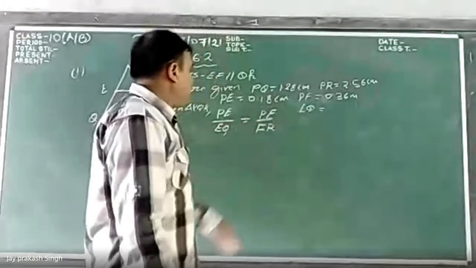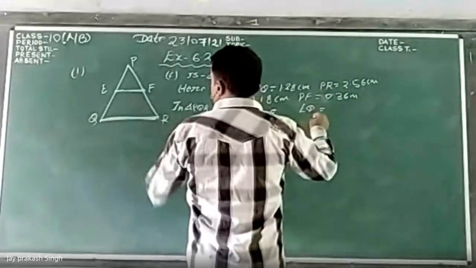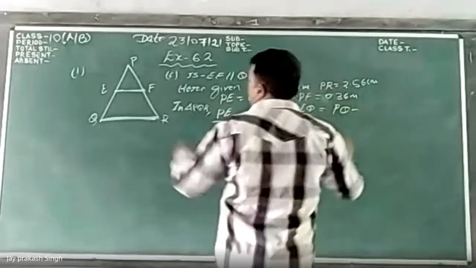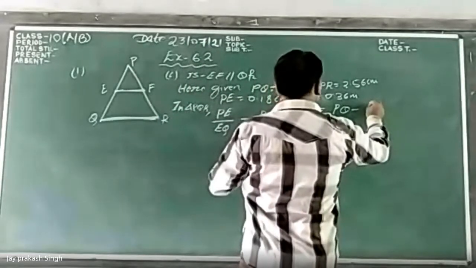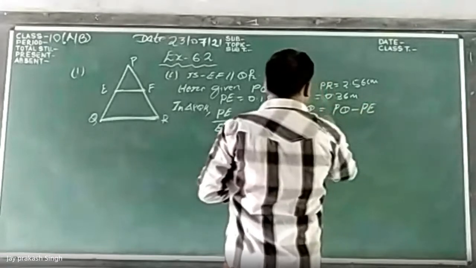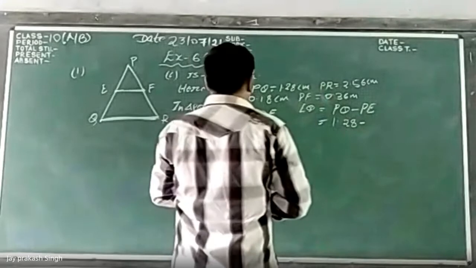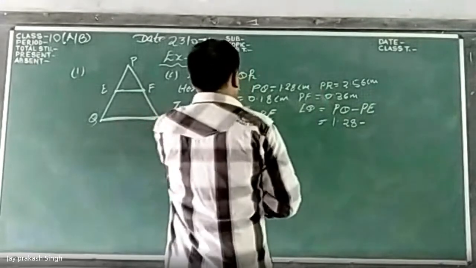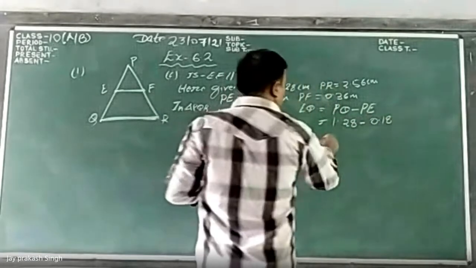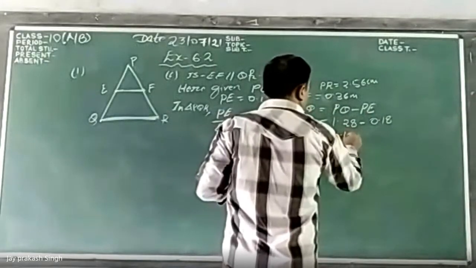Alright, even so we continue. That is PQ minus PE, so it is 1.28 minus 0.1. So you will get that is 1.1.